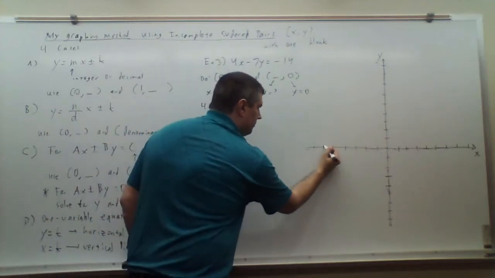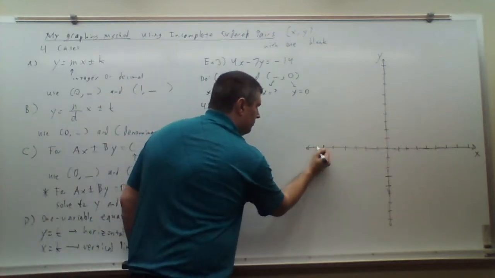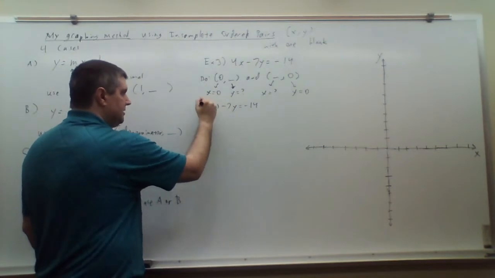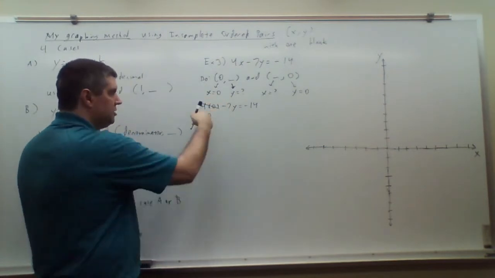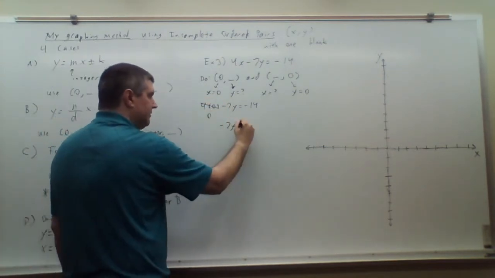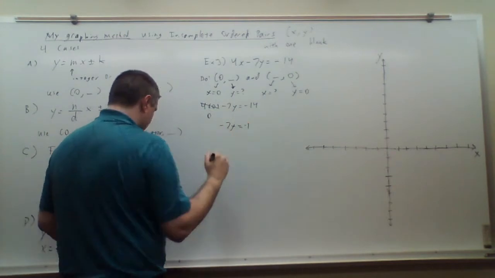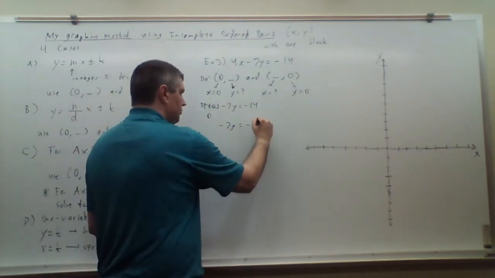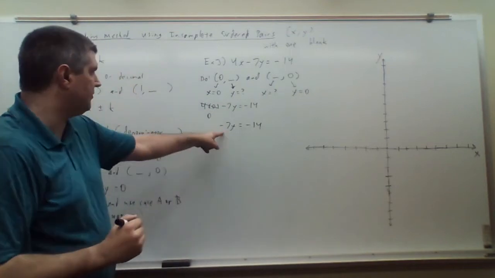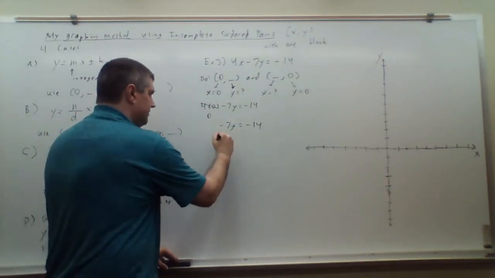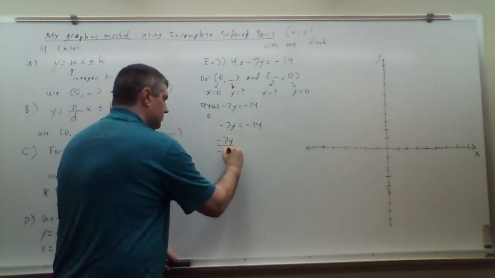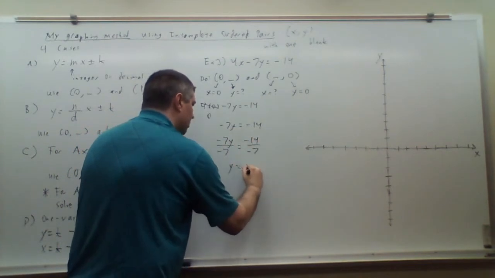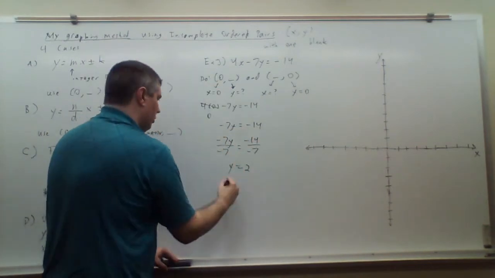So 0 take away 7y is negative 7y. Divide off the negative 7, divide off the negative 7. Y is 2. So we have 0, 2.